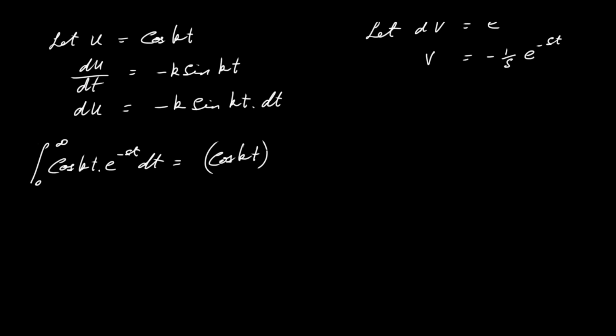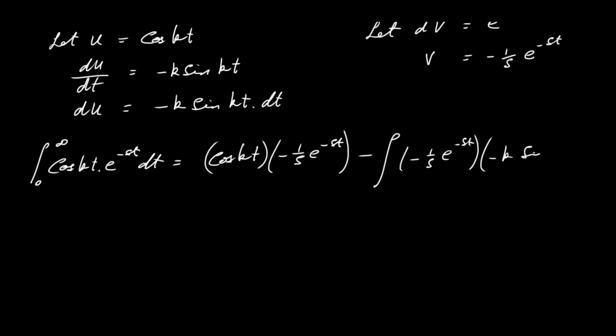That's just minus 1 over s e to the power minus st. And then we've got to subtract the integral of v du. So v again is this one here, minus 1 over s e to the power minus st, times du, and du is this here, so it's minus k sine kt dt.